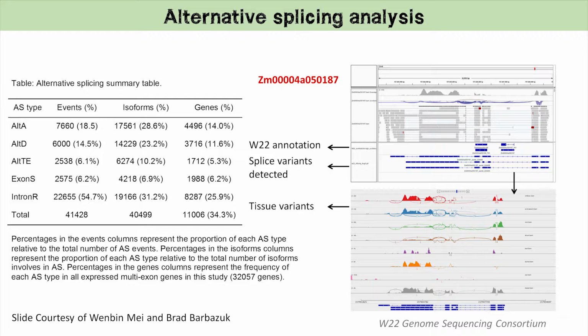What they found is that roughly 34% of the genes in the W22 genome show some form of alternative splicing, whether it's alternative splice acceptors, donors, terminal exon variants, or exon skipping and intron retention events. They've represented those sequences for viewing in a number of different browsers, and those will be accessible to the community.